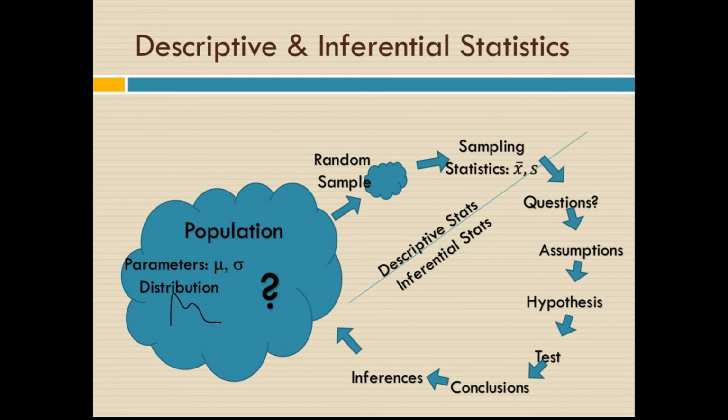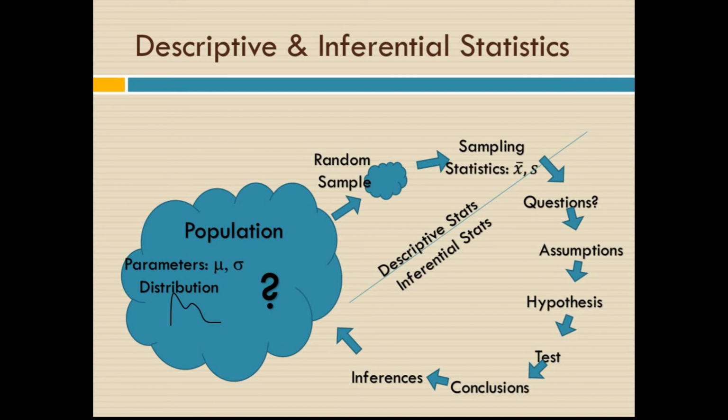There might be population parameters, like what the population mean is, or the population standard deviation, which is signified by the Greek sigma. We may want to know what the underlying shape is. What does that look like? That could be good information for us. And we don't know what that is because we can't measure everything.